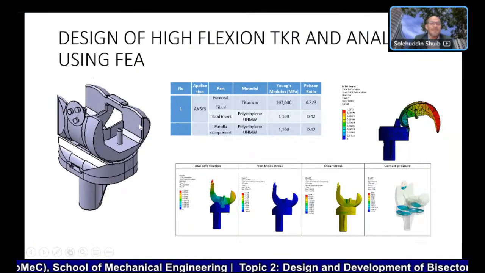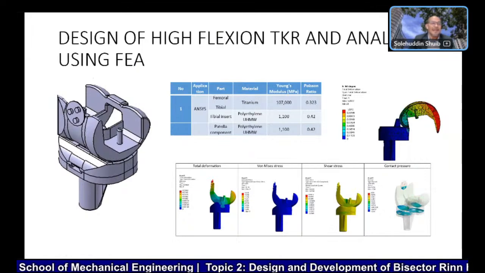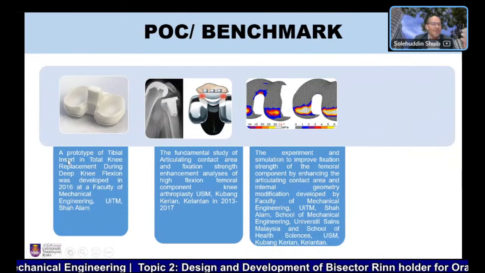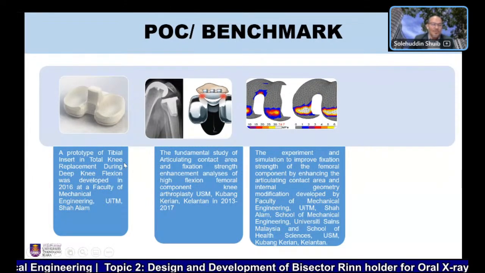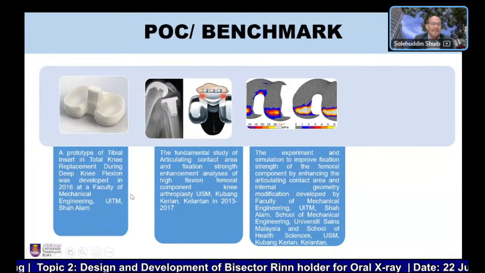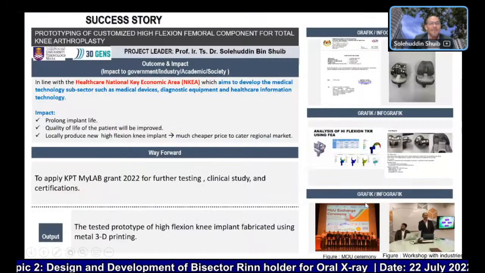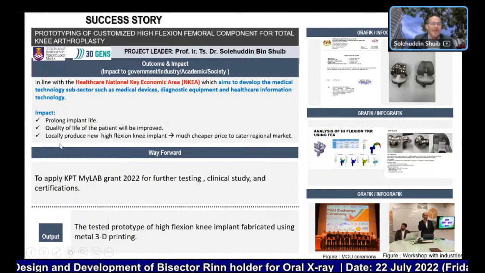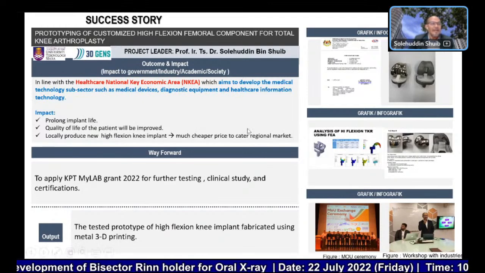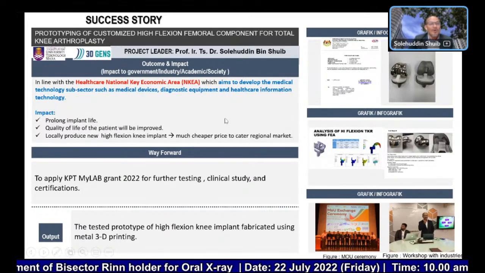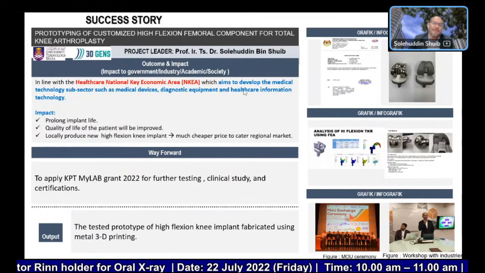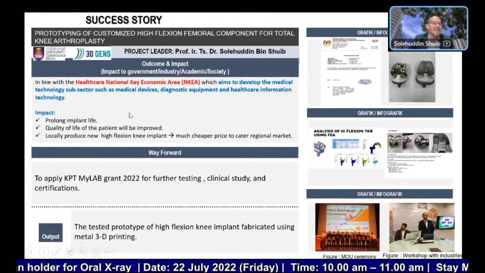These are the previous work that has been done: the design, the analysis, and also a few benchmarking and proof of concept, started in 2013 basically. Until recently, Alhamdulillah, I secured a PRGS grant, and we have completed the grant, and these are the outputs of the PRGS grant that I closed this year.